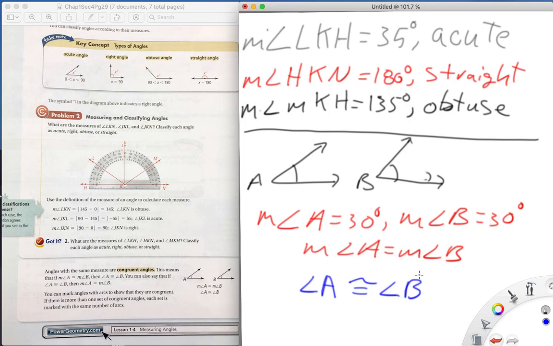If I'm talking about congruency, I'm just talking about the size and shape of the angle, not the number itself. And since I'm talking about size and shape with congruency, I can use the congruent symbol, and I don't have to worry about what actual degree it is. If something is equal, then something is congruent. If something is congruent, then something is equal.